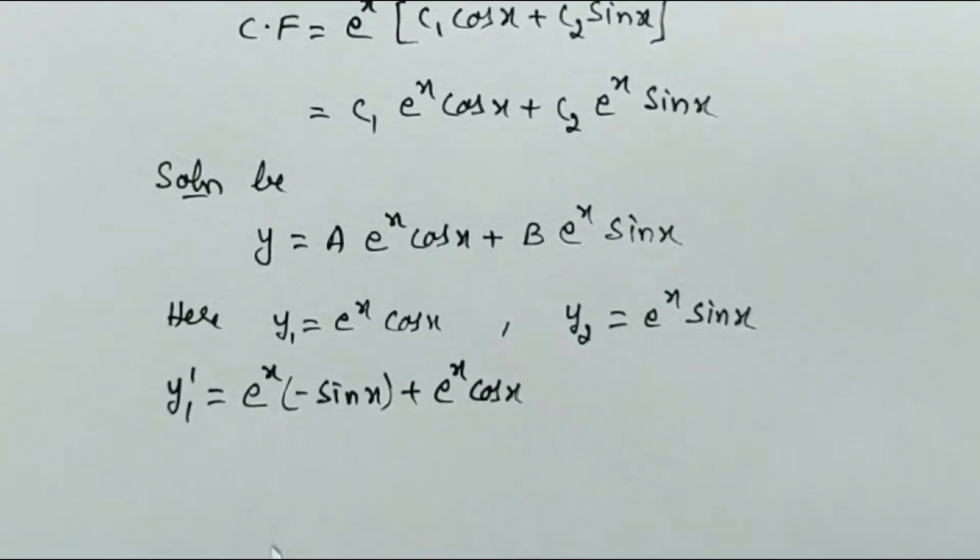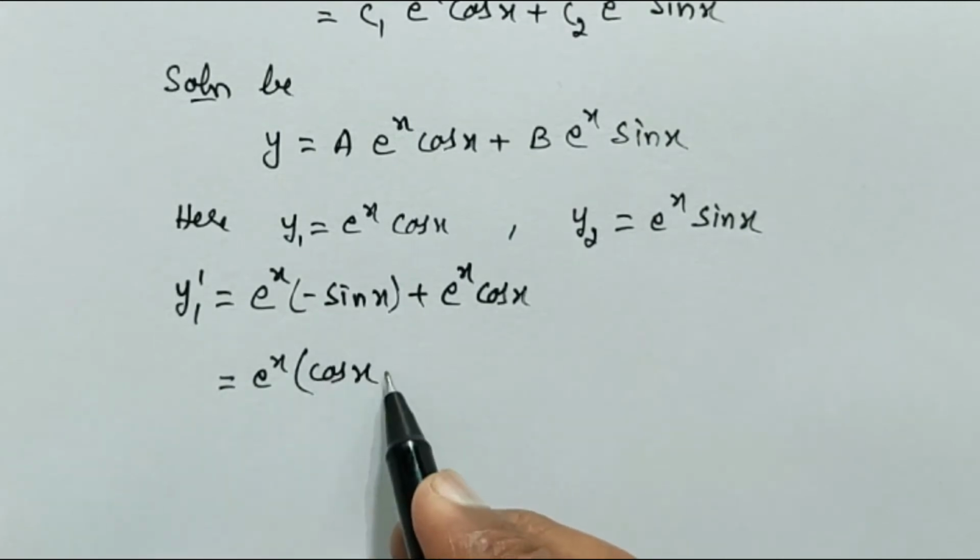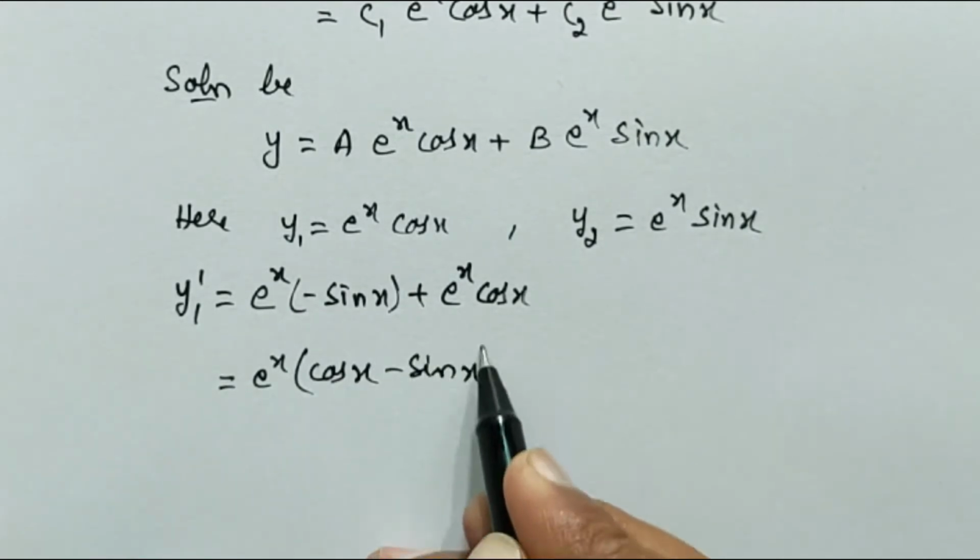Taking e power of x common, we get cos of x minus sine of x.